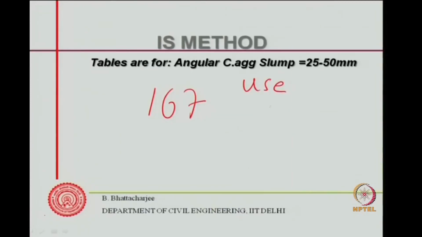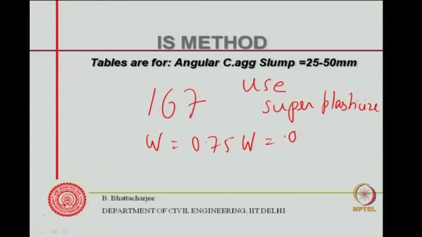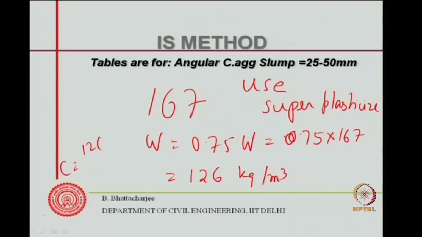Use superplasticizer, W will become 0.75 W, 0.75 into 167, which equals 126, let us say, kg per meter cube. So cement will be 126 divided by 0.45, which is approximately equal to 280 kg per meter cube.